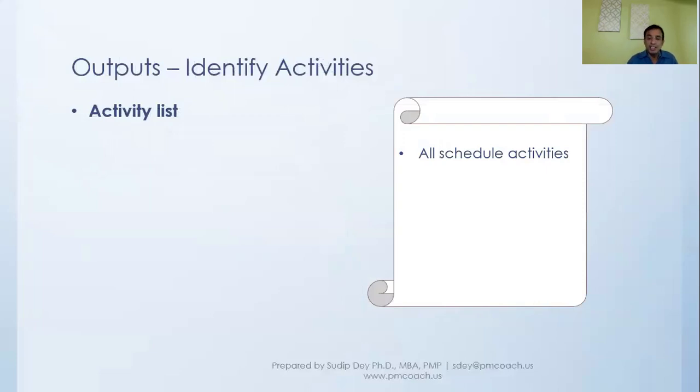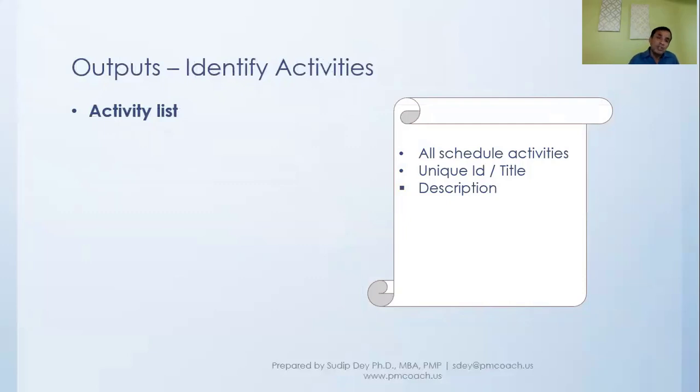This is that list, and on this, each activity will have a unique ID or title, so that when we're talking later on, we will identify exactly which activity we are talking about. And of course, we want to put some description as well. What is this activity about?